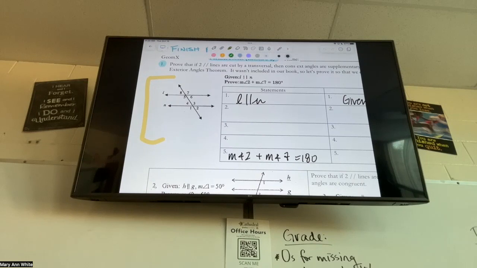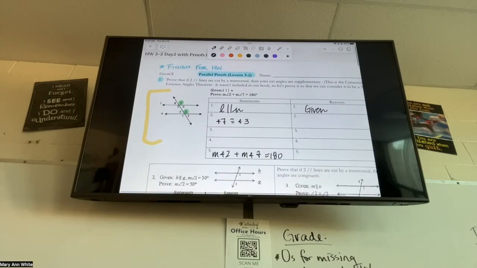So first thing, and you may not know this except that I'm telling you, we're going to start with 7 and 3. So my second statement is going to be angle 7 is congruent to angle 3. Can any of you tell me why we know that? What'd you say? Corresponding, good.